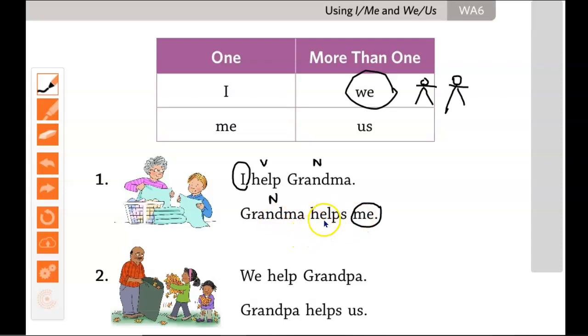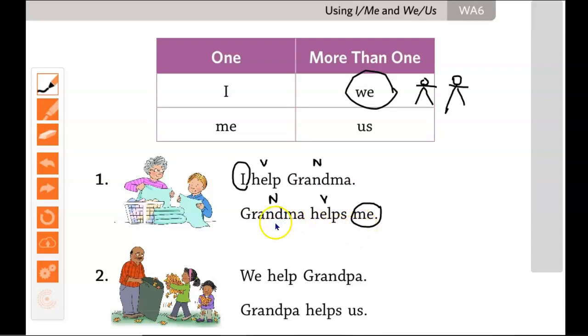So Grandma helps. And that could be a sentence all by itself, couldn't it? Grandma helps. But then we added who she helped, and it's me. Grandma helps me. So in this sentence, the pronoun came after the verb. So it can be at the beginning or at the end.